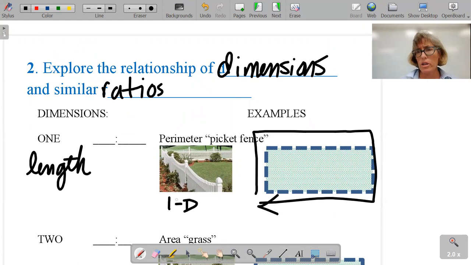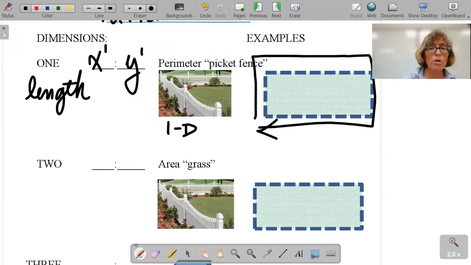So if I have a ratio of similar shapes, a small and a larger rectangle, the ratio of the sides, let's just call it X and Y, is going to be to the first power. With the same set of similar rectangles, if we were to deal with area, area is a two-dimensional concept.